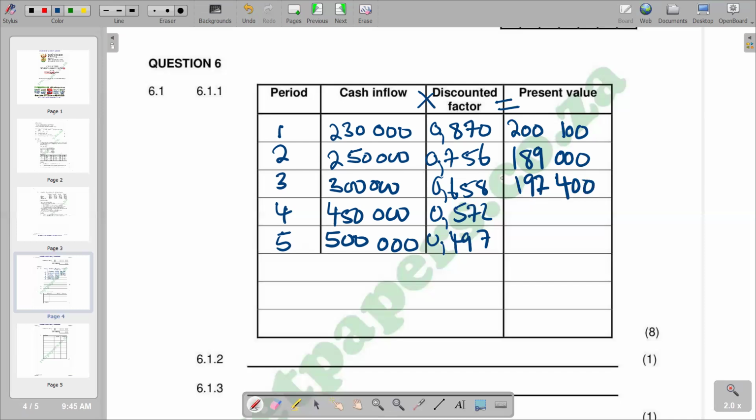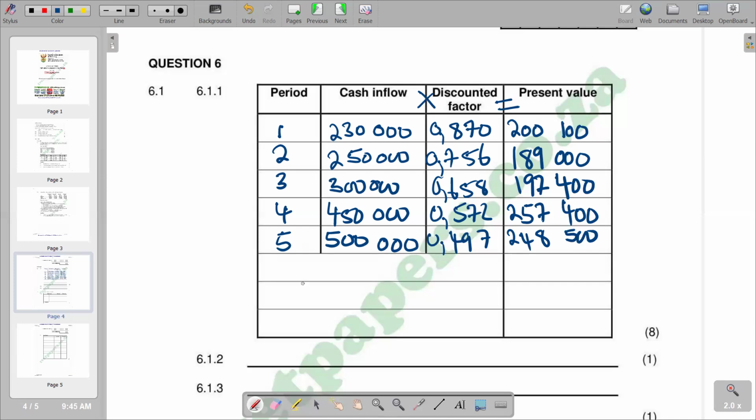Moving on to period 4, 450,000 times 0.572, you're going to get 257,400. Period 5, we have 0.497 times 500,000, you'll get 248,500. So basically, that's what we have.